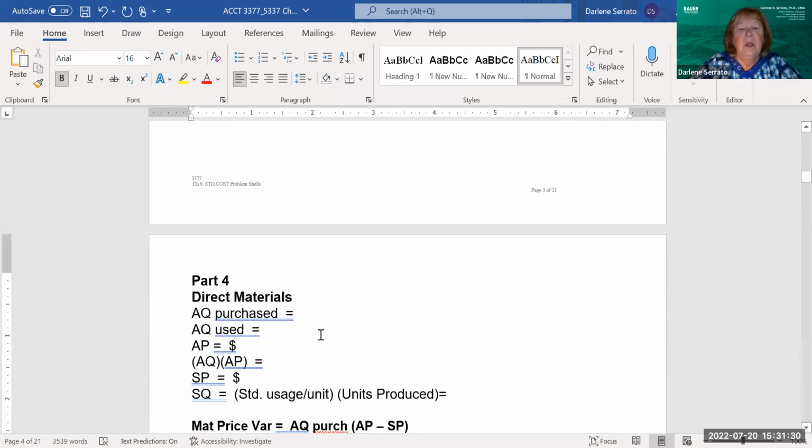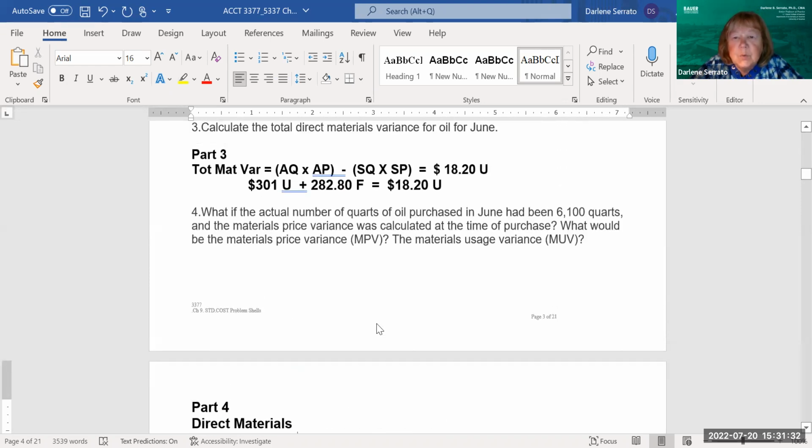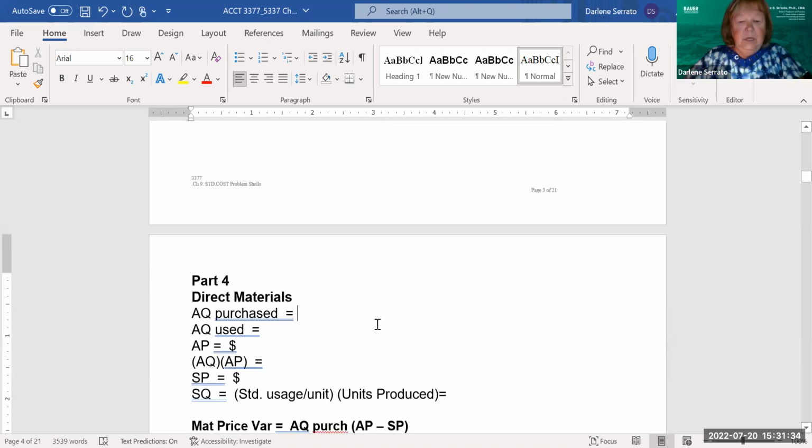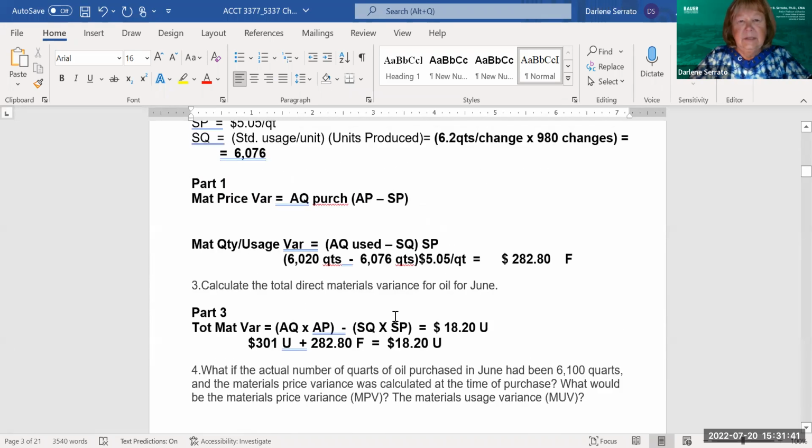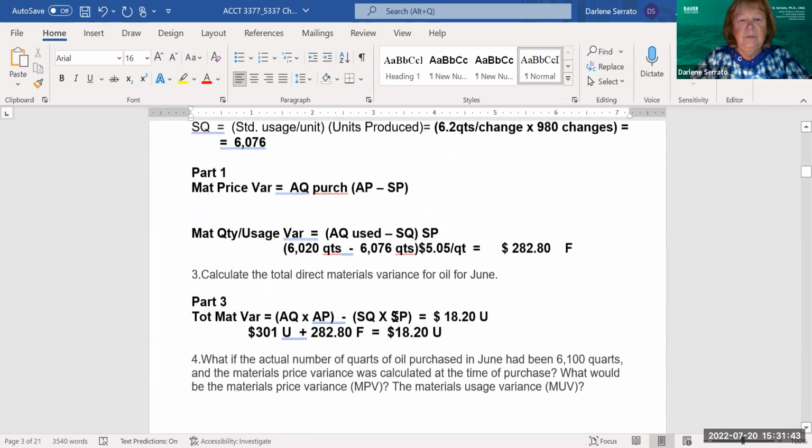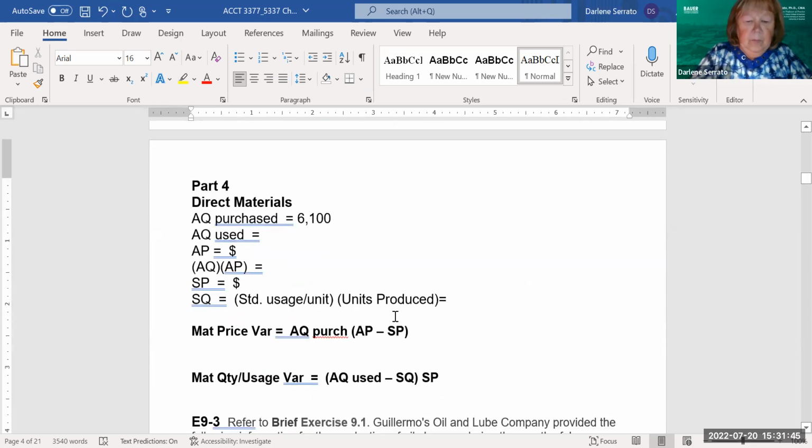Okay, so AQ purchased was 6,100. AQ used was 6,020. Is that correct? Yeah. 6,020. AP was the $5.10. SP was the $5.05.